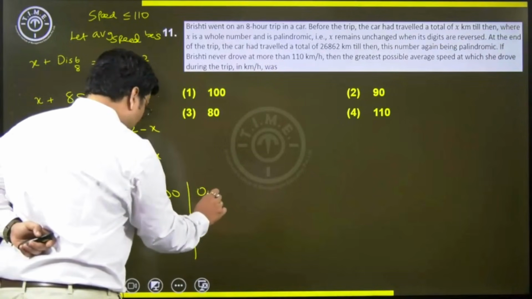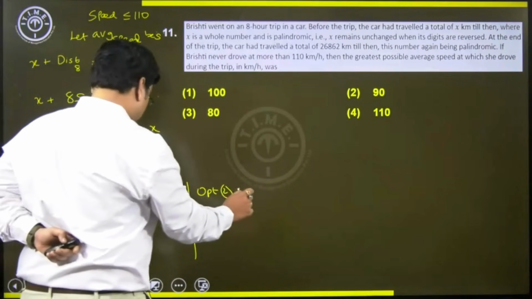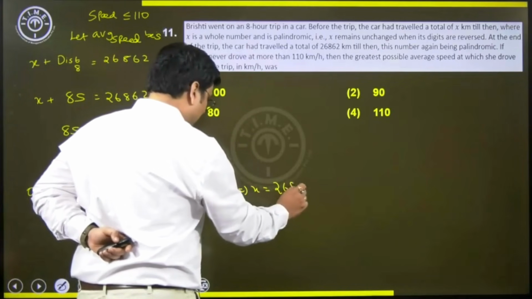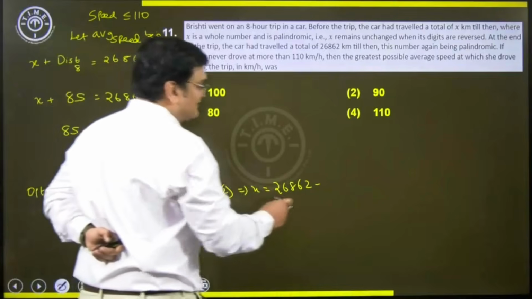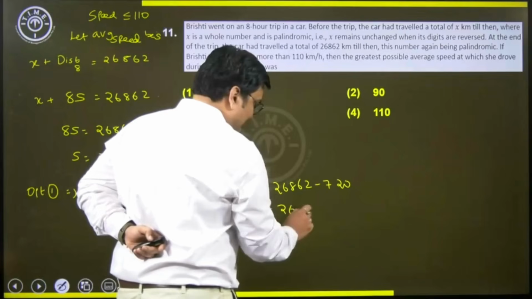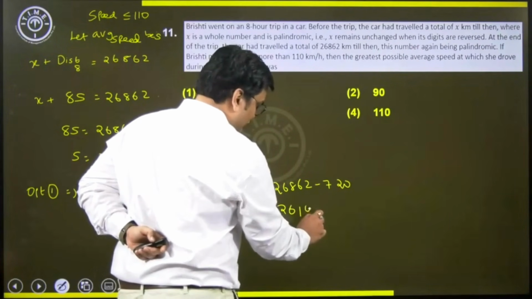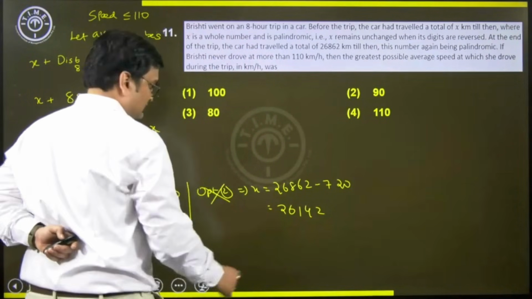If you go for option choice 2, if I put s as 90, then x will be equal to 26862 minus 720, since 90 into 8 is 720. Subtracting, it will be 26142. Clearly, this is not a palindrome, so we can't take this.